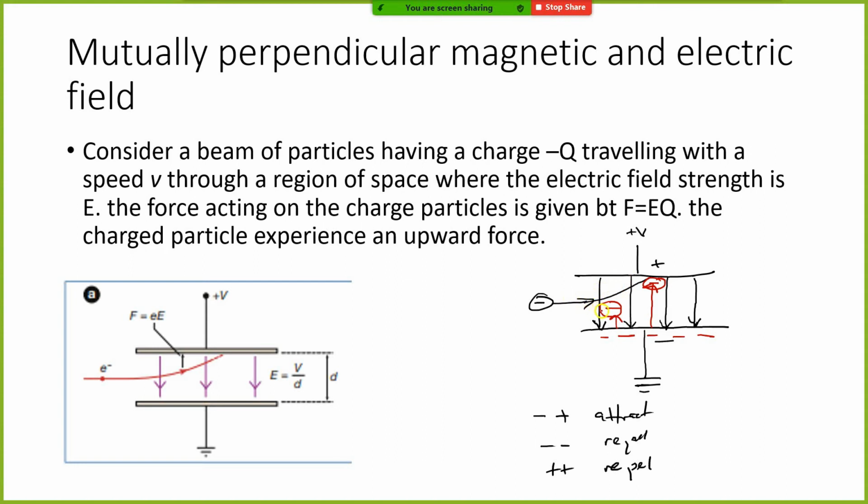The best way to look at it is that the negative plate would essentially be pushing the electrons up into the air. So the force is acting upward on the electron.